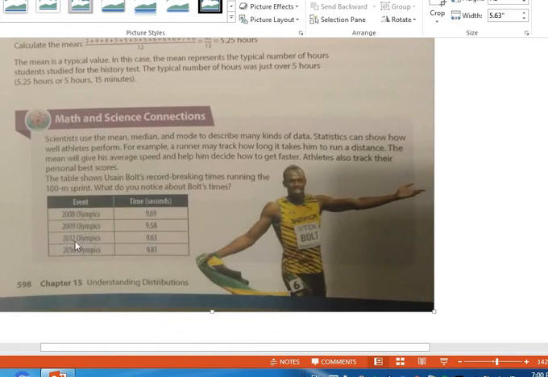In 2012, 9.63, and in 2016, 9.81. Here he is 9.69, okay, but here he's getting better, then he gets worse again and worse because he's getting old, I think so.